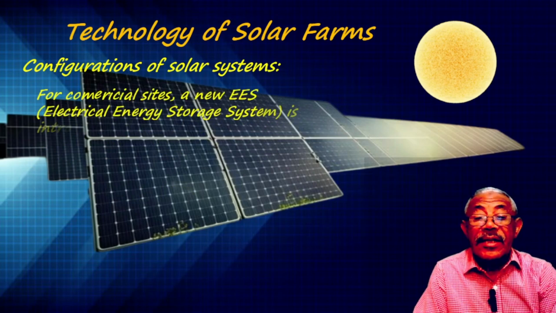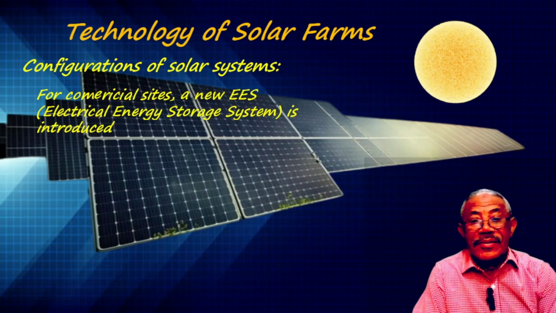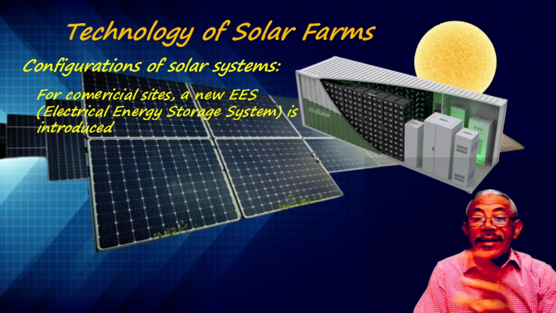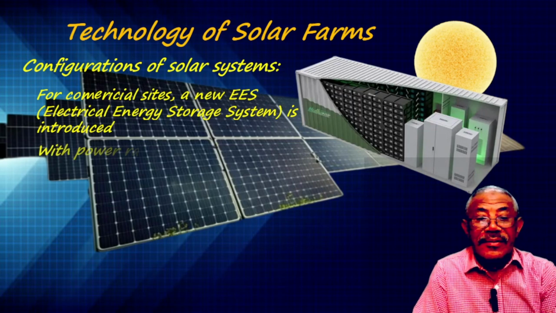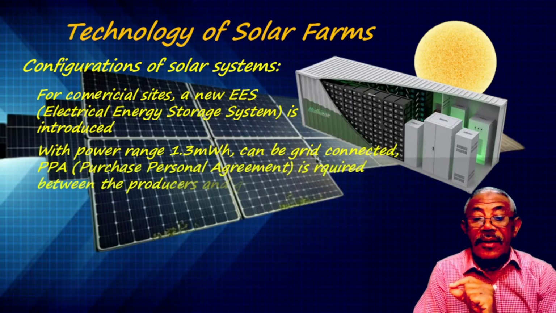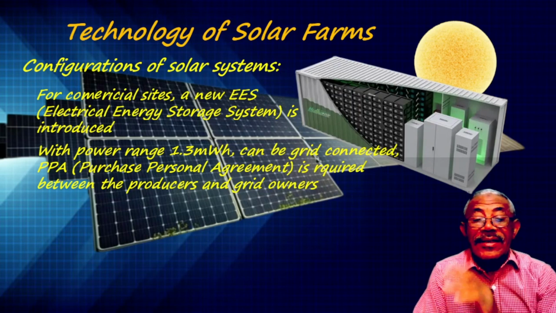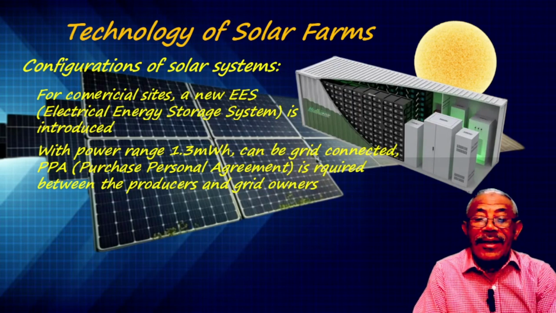For commercial sites, another new ESS is introduced. It is like all-in-one but in a big or large size. With power range 1.3 megawatt, can be grid connected, but a PPA is required between the producers and the grid owners.